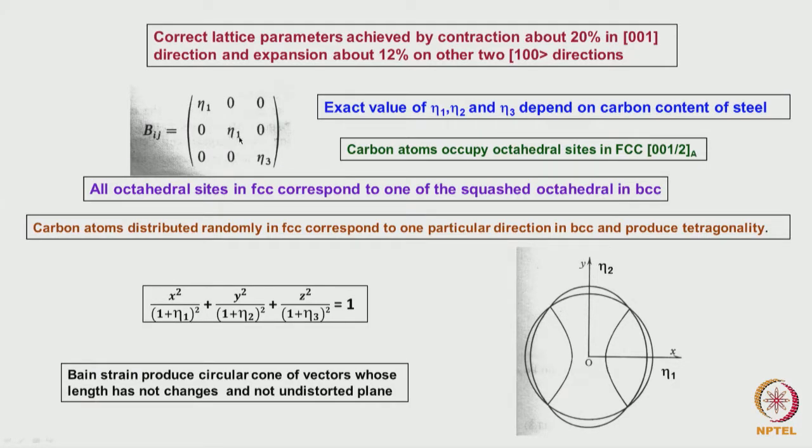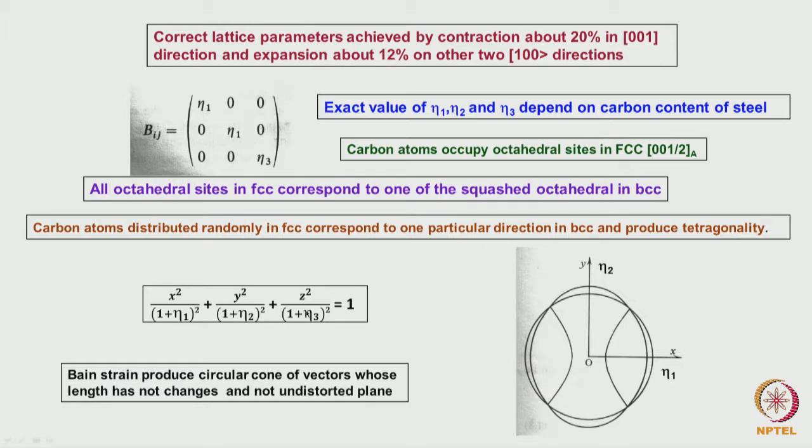This will be 1 by 1 plus eta 1, in the y axis, and 1 plus eta 3. As a general formula, this is the way we write the equation of an ellipse, correct?